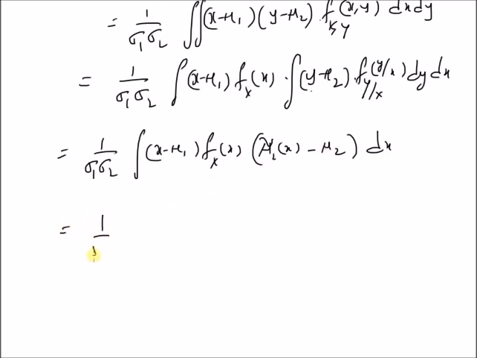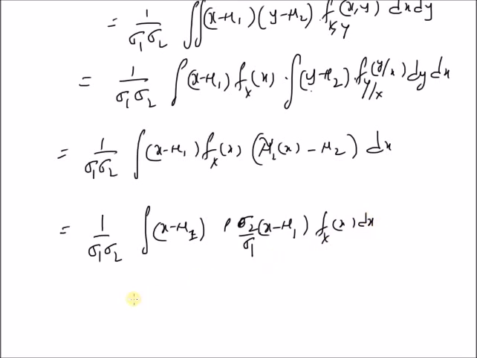So this is equal to 1 by sigma 1 sigma 2 integral of (x minus mu 1) into rho into sigma 2 by sigma 1 into (x minus mu 1) f_X(x) dx.